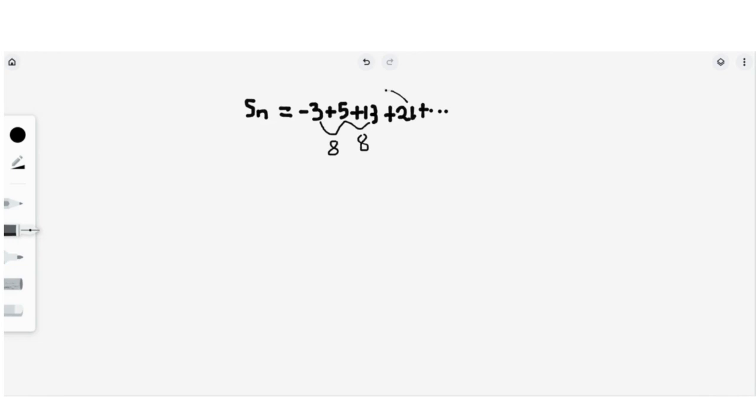And 21 minus 13 will also be equal to 8. So that means we have a constant difference. Our d is equal to 8.